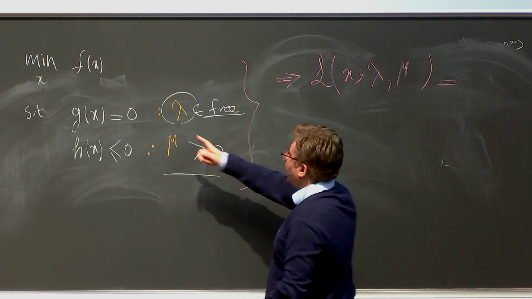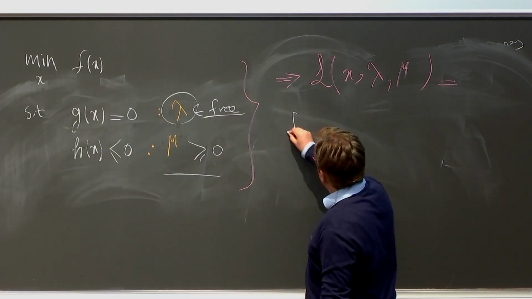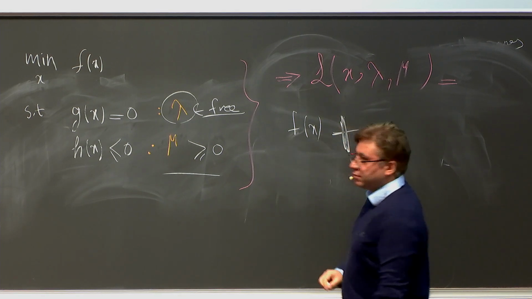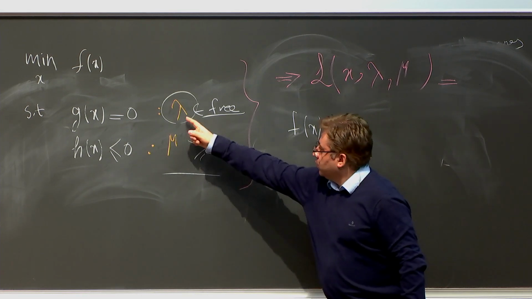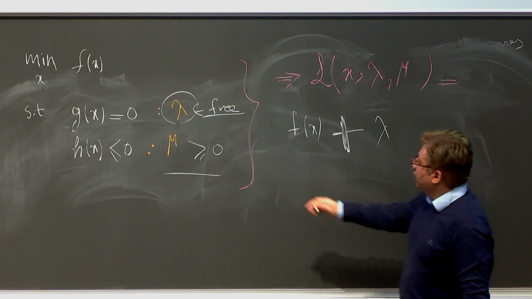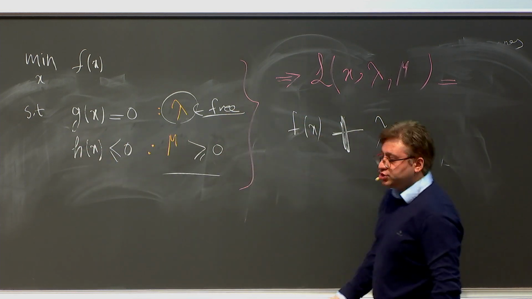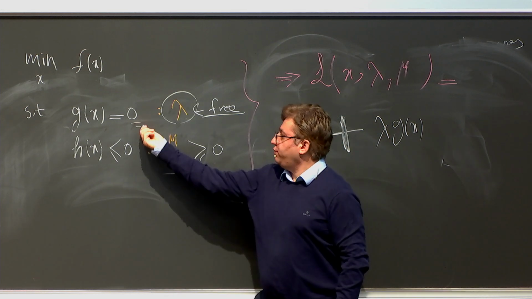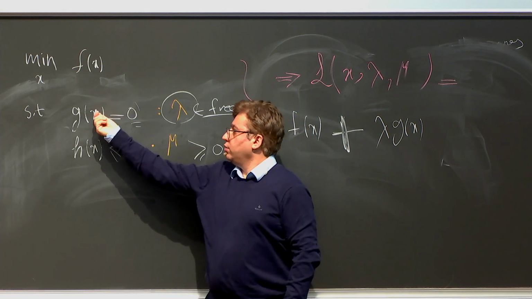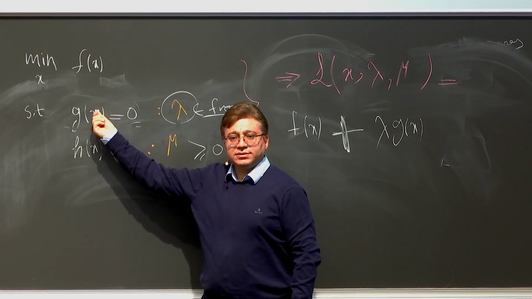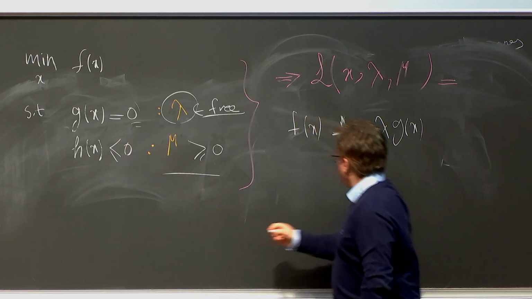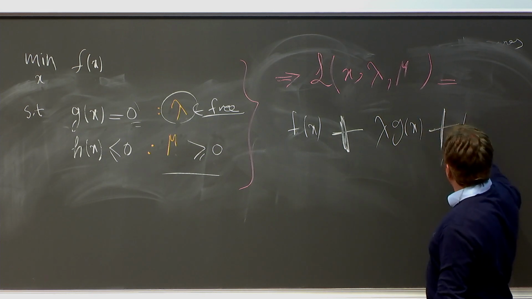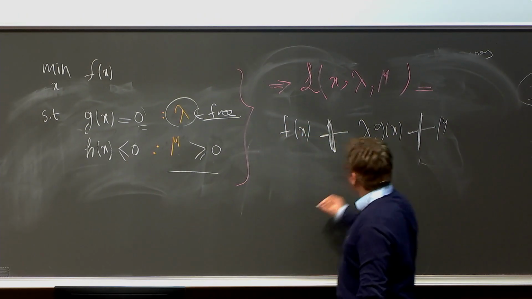The Lagrangian function is your objective function, f of x, plus dual variable lambda times g of x. So make sure this is 0. If you have any constant or whatever, transfer it to the other side. Again, plus mu times h of x.